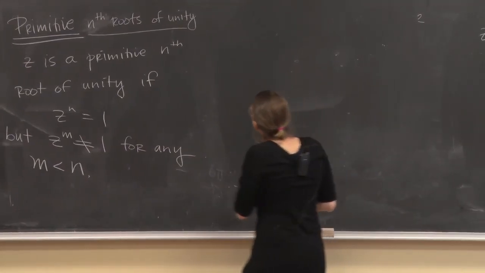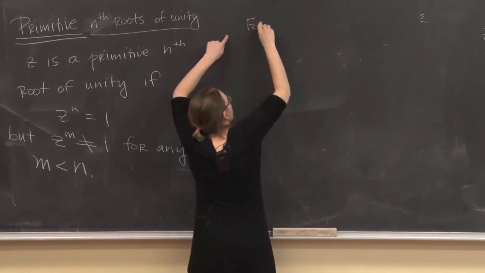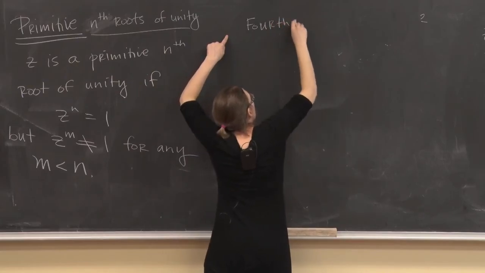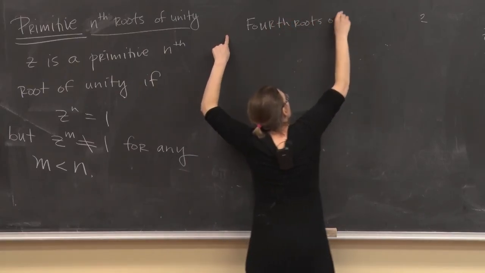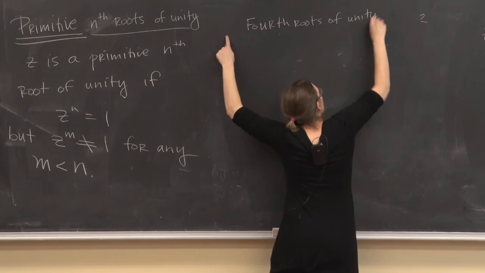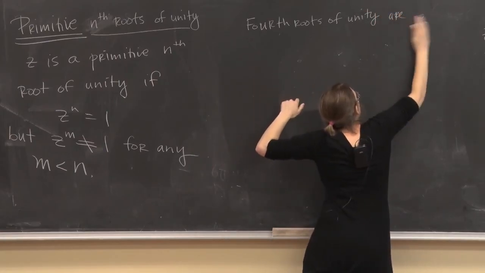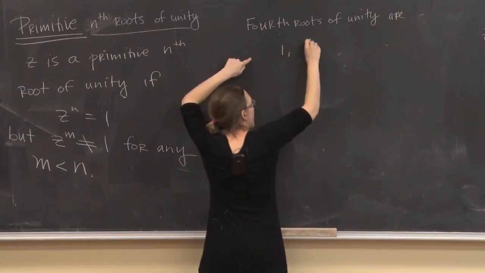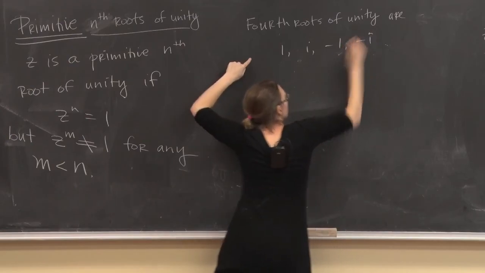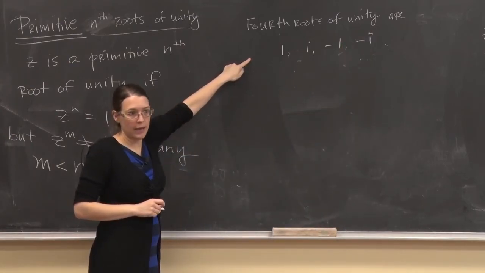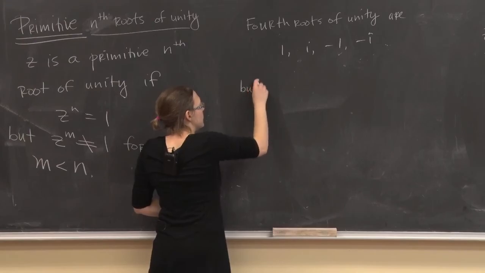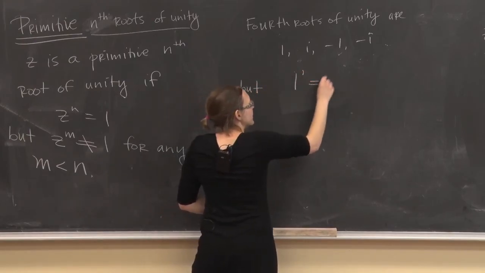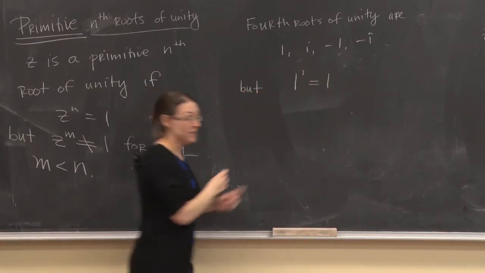Okay, so the fourth roots of unity are, we wrote them down: 1, i, minus 1, minus i. Okay, but 1 to the 1 is equal to 1, so it's not primitive.